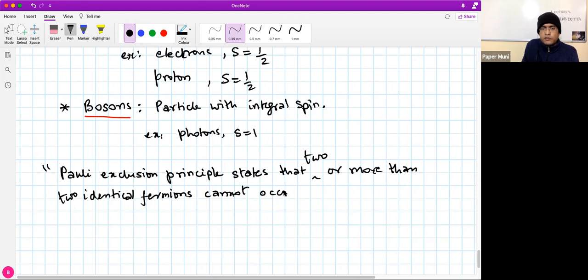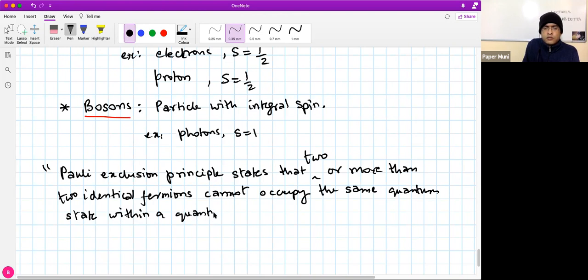occupy the same quantum state within a quantum system simultaneously.